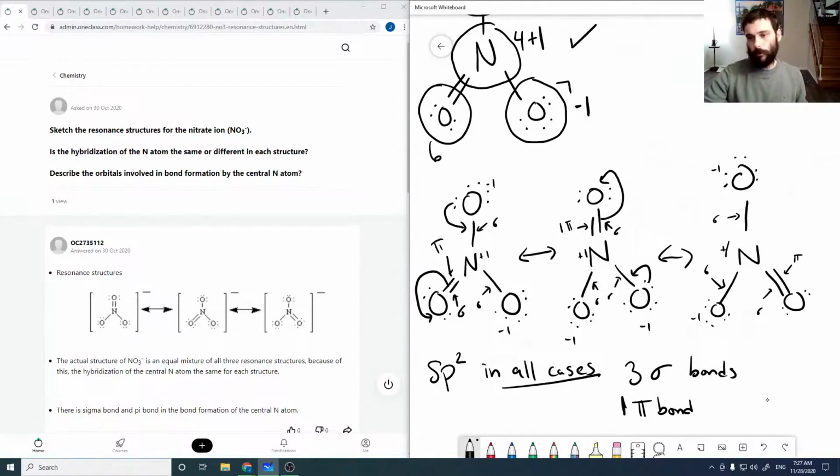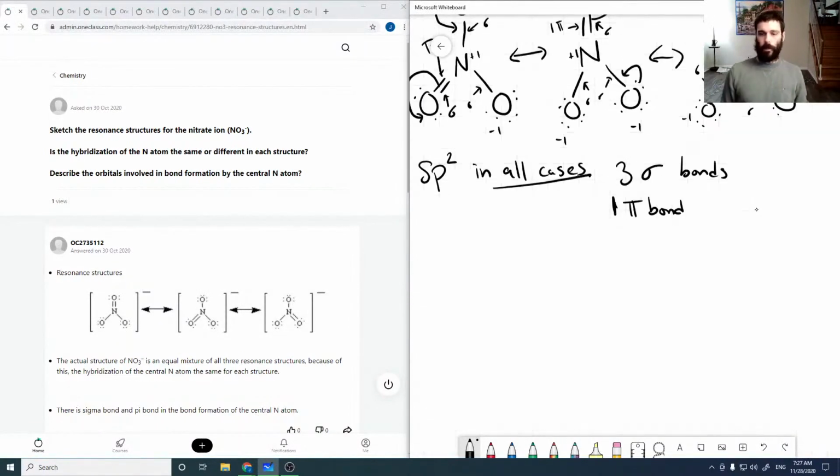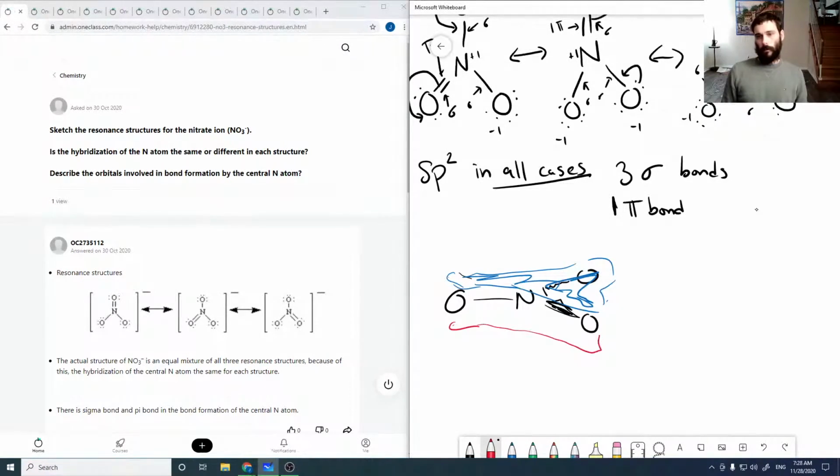So if we were to somehow be able to get a picture of the molecule from the side, the delocalized pi bond would actually be above and below the molecule.